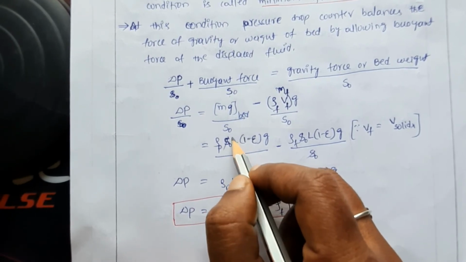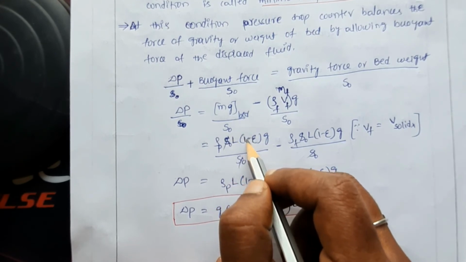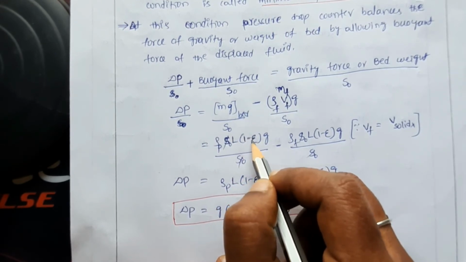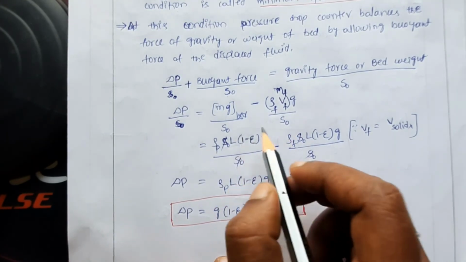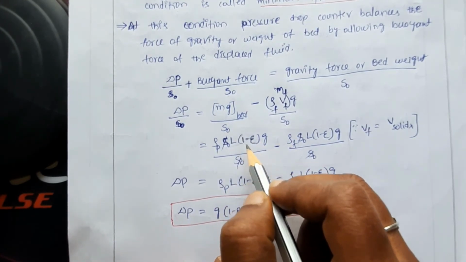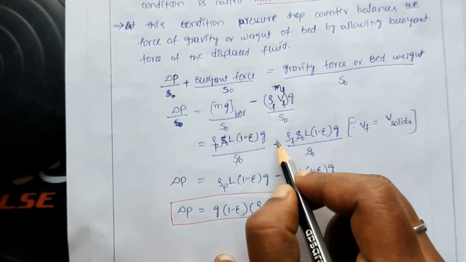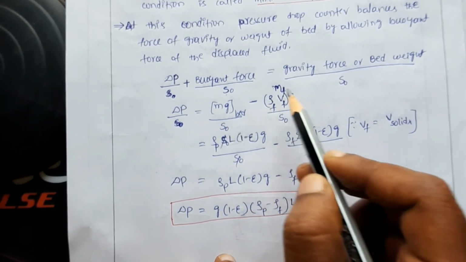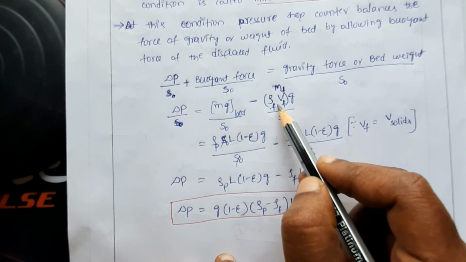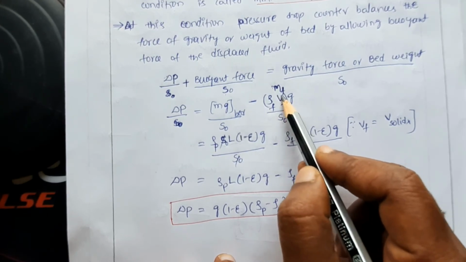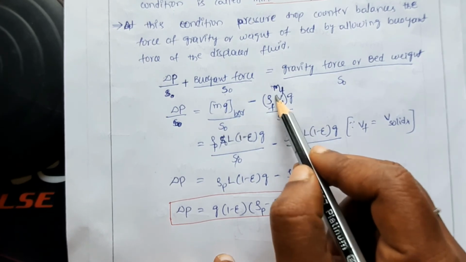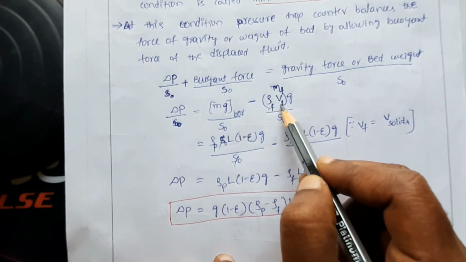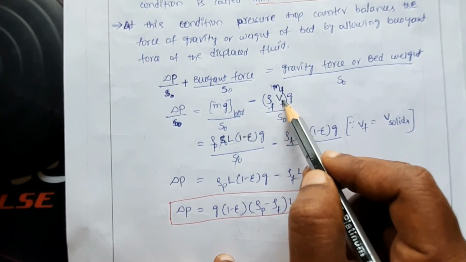This total volume times the volume fraction of the solids will give the total volume of the solids, excluding the voidages. Here also, in the case of the buoyancy force, the volume of the displaced fluid will be measured in terms of the volume of the solids, right?